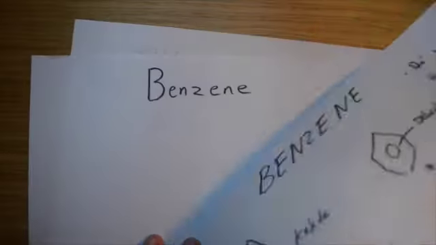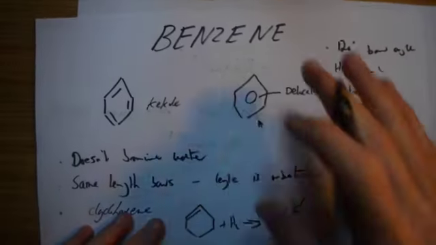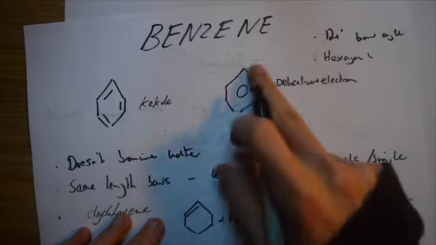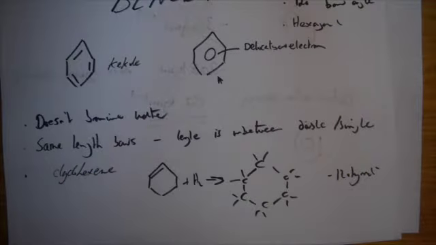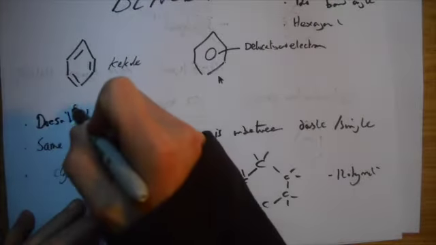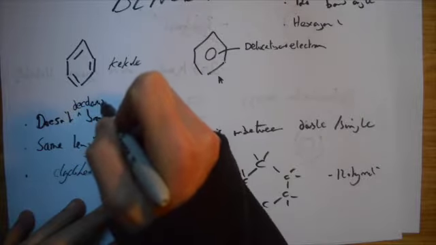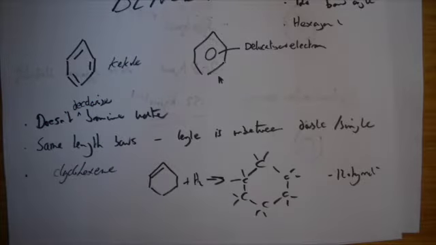So to summarise, as to why benzene is this structure here instead of this structure, the reasons are: benzene doesn't decolorize bromine water, which suggests that it doesn't have this structure.